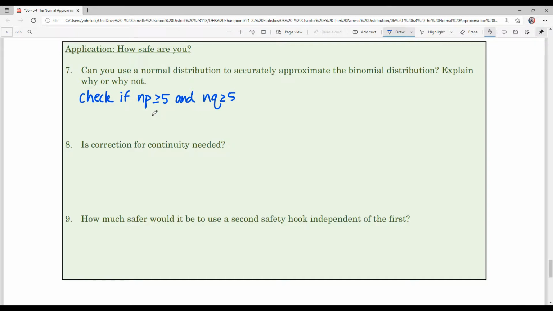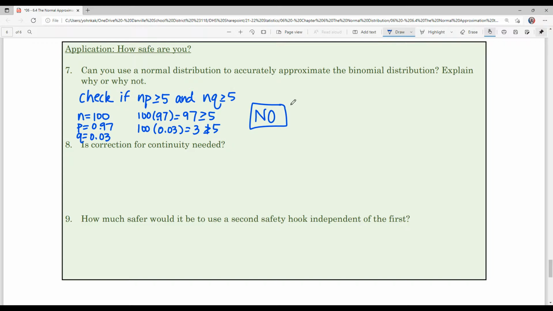So my N was 100, and my P is 0.97. So 100 times 0.97 gives us 97, and that's greater than or equal to 5. 100 times, well, if my P is 0.97, my Q is 0.03. If I do this, I get 3, which is not greater than or equal to 5, so the answer is no.